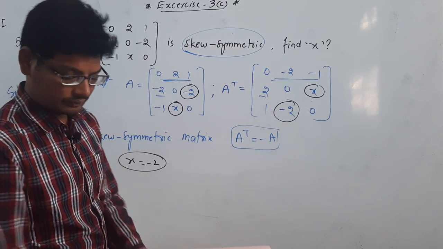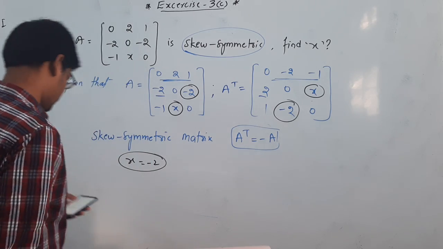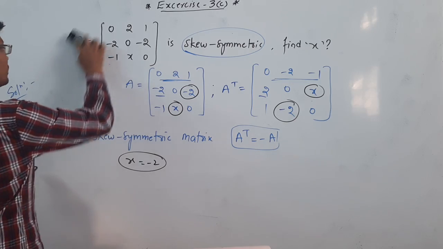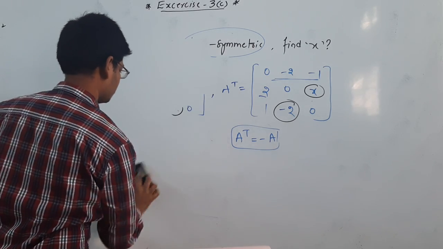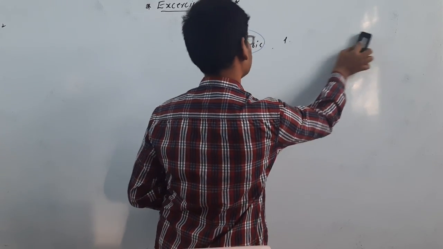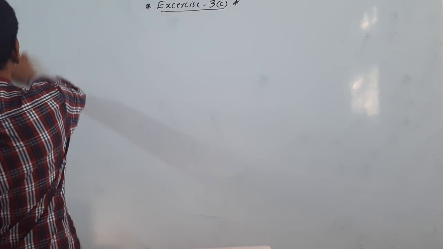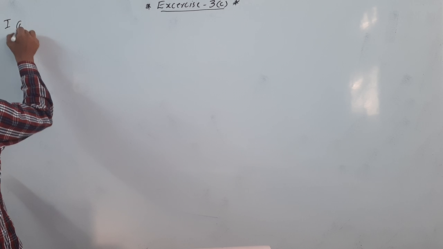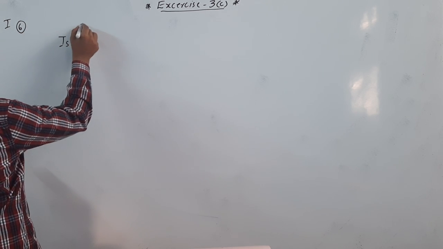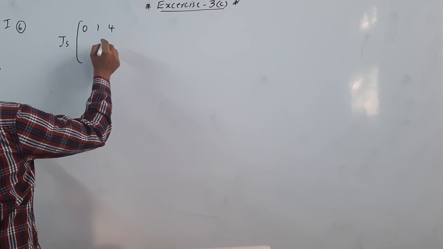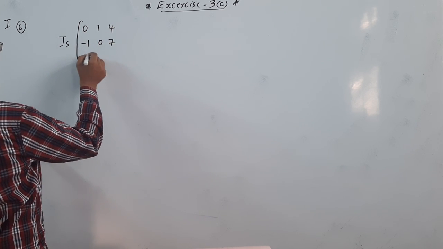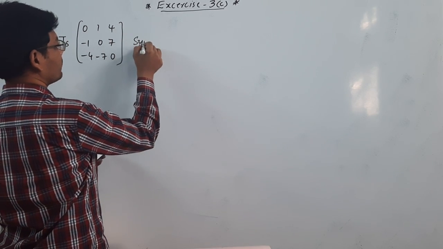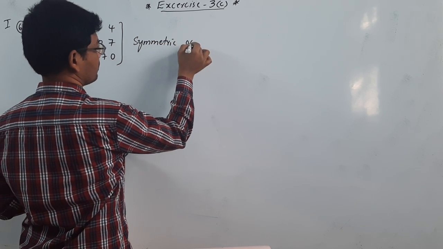And the next question is the sixth question in the first bit: 0 1 4, minus 1 0 7, minus 4 minus 7 0. Is it symmetric or skew symmetric?